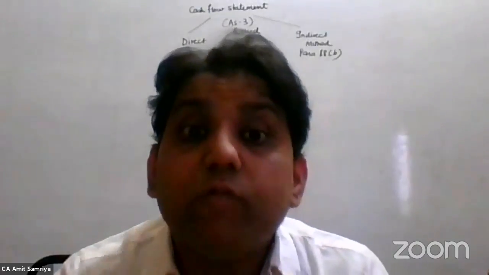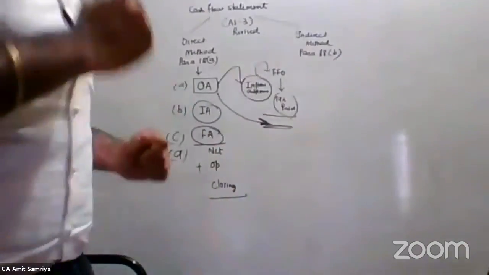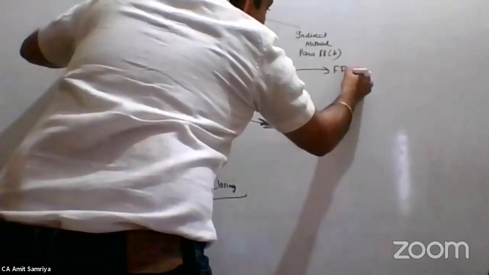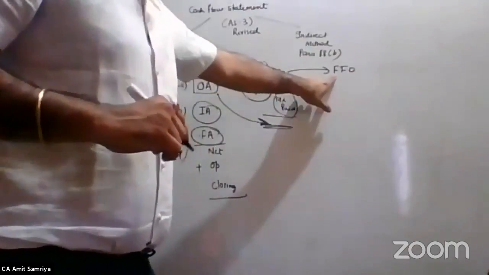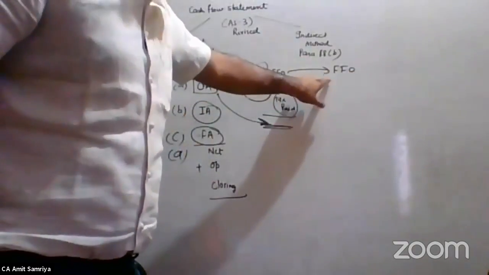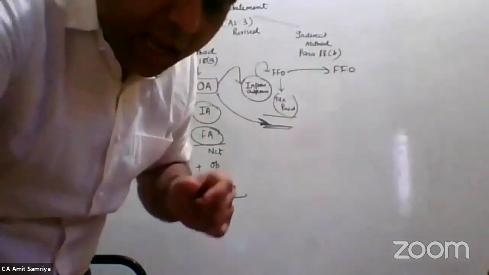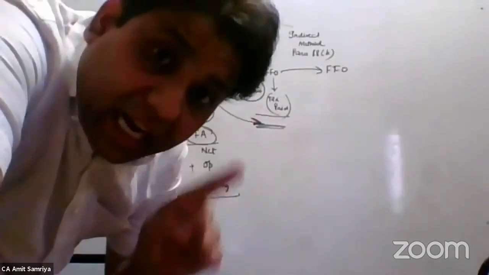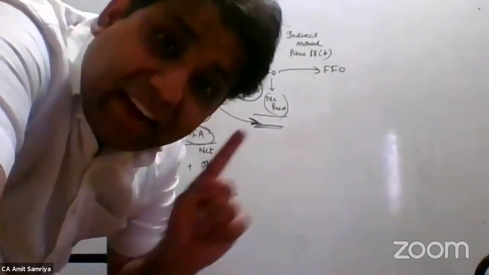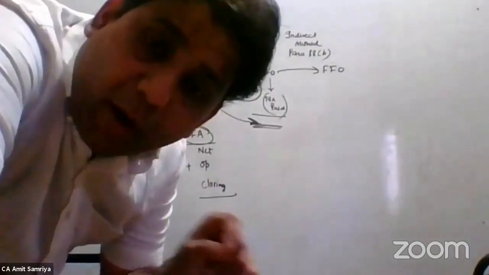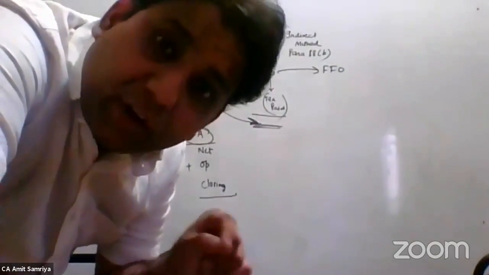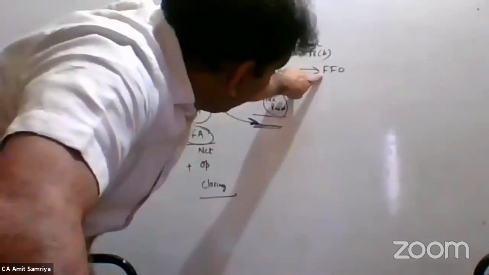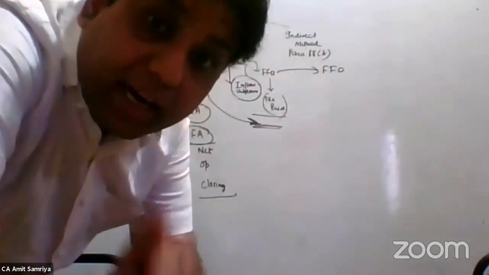The difference is in the presentation of operating activity, and that too only in fund from operations, the FFO calculation. FFO, fund from operation, will be calculated in a different manner. Under the direct method, fund from operation is calculated directly. That is, all inflows and outflows from operating activities are written and we get fund from operation. But under the indirect method, it is calculated in a different manner.